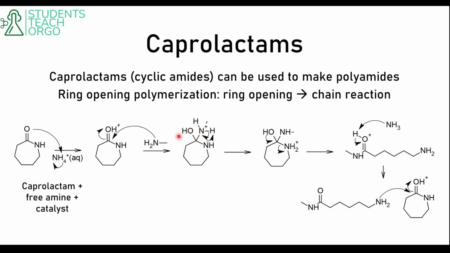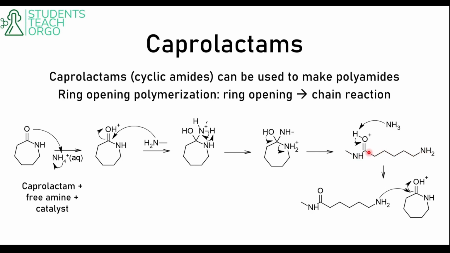And so we're left with this intermediate here. Again, we can do a proton transfer and convert this nitrogen here, which was part of the initial amide, to a good leaving group. And then we can form the double bond again at the O, kick off the NH2 plus from this carbon, and end up with a free amine. And you'll notice that now we have opened the ring and it's linear.